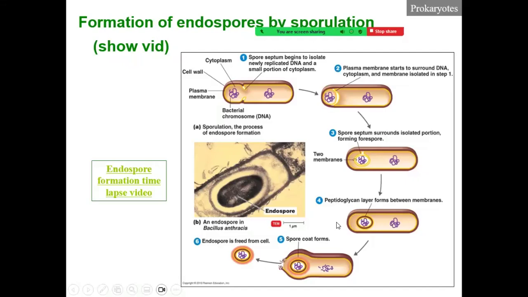And you can actually classify the cell by where the endospore ends up in the parent cell. This one would be a little bit off to the side. It's not in the center. There are some that actually move to the center. There's some that stay on one end of the cell.